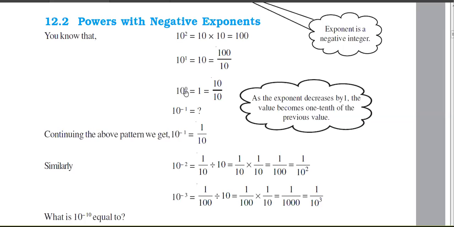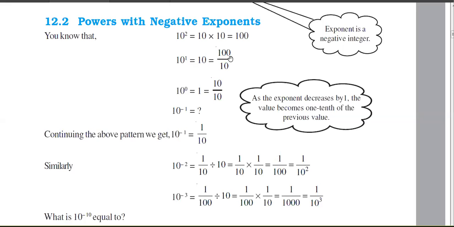Now, when we say 10 raised to the power 0, how does it become 1? Now look, when we reduce the exponent by 1 each time, by what factor does the value get reduced?